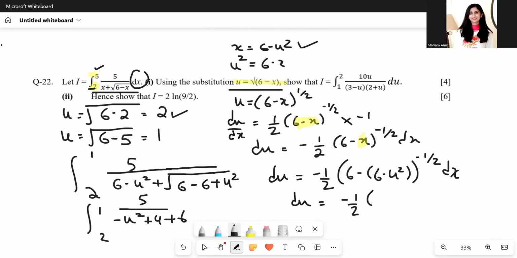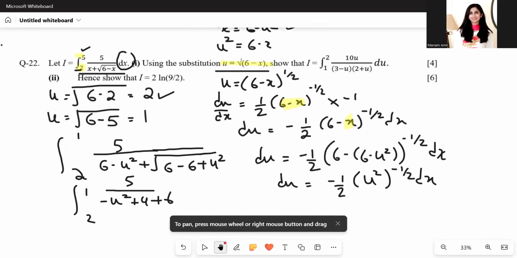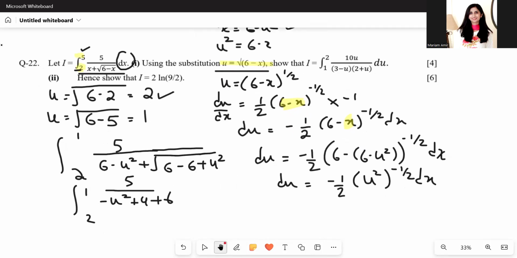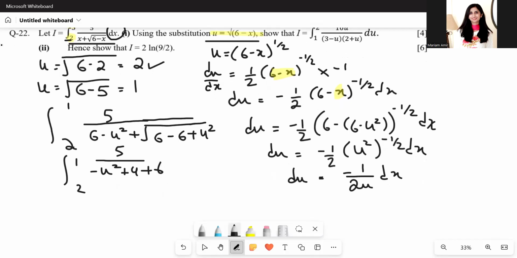This becomes u squared with the power of negative half, dx, which becomes u power minus 1, which goes in the denominator and just becomes u. So we have minus 1 upon 2u dx. And now we need to make dx the subject. So dx equals minus 2u du. So we write that here, minus 2u du.